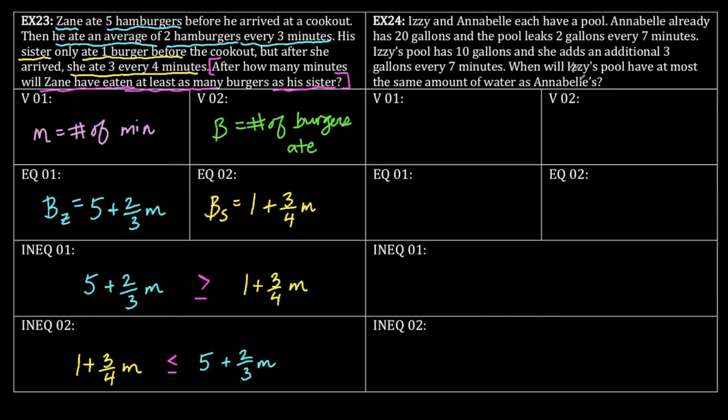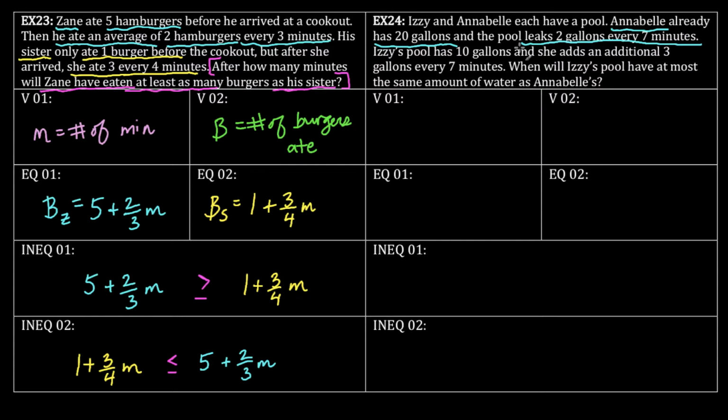So we have Izzy and Annabelle, who each have a pool. Annabelle has 20 gallons, and the pool leaks 2 gallons every 7 minutes.